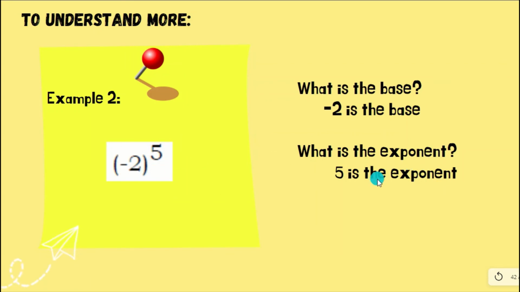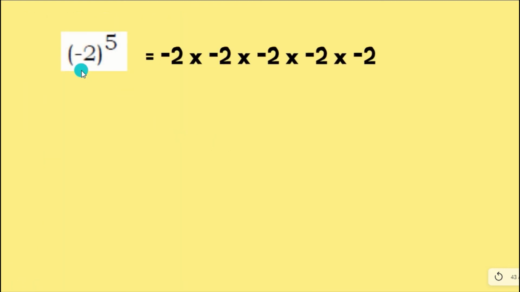So this means that we must multiply negative 2 to itself 5 times. So let us expand this exponential notation. The expanded form for this exponential notation is negative 2 times negative 2 times negative 2 times negative 2 times negative 2.